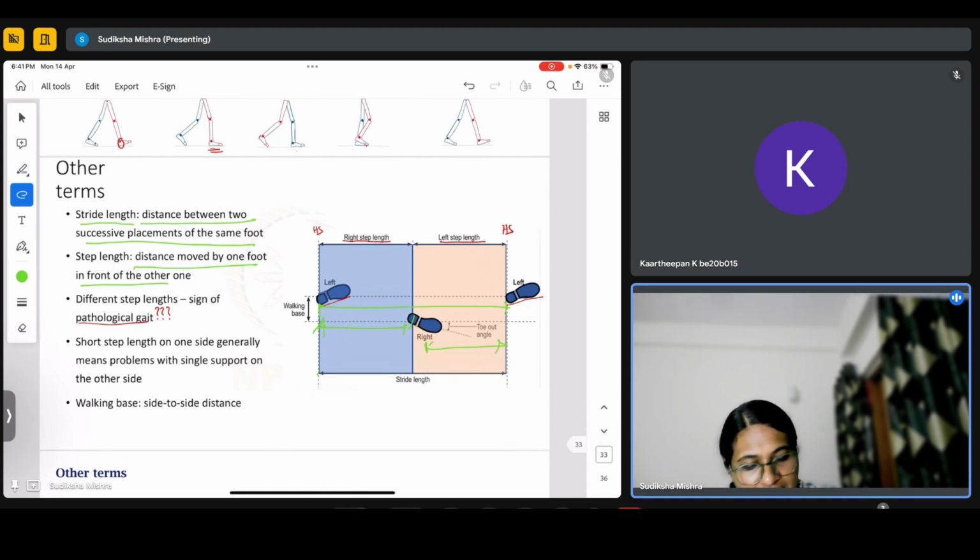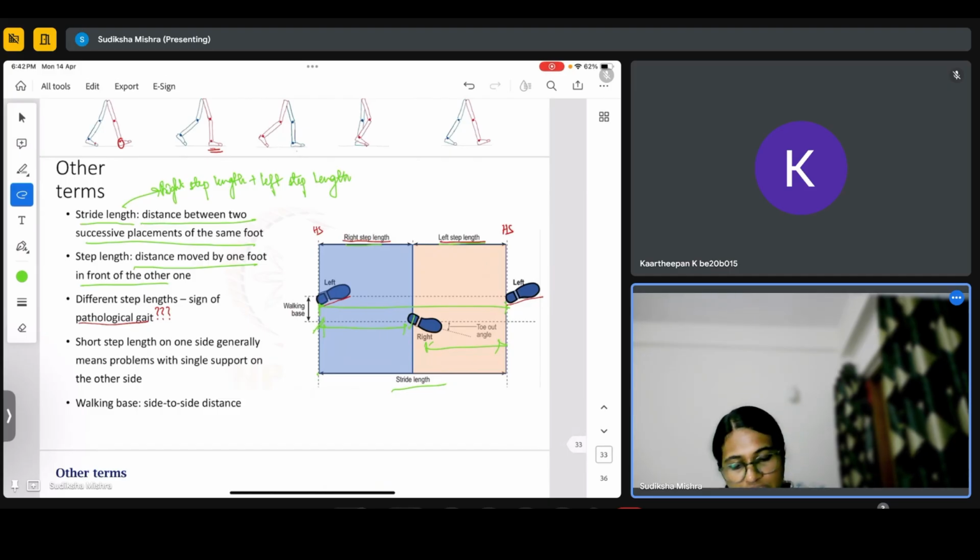But if you sum the right step length and the left step length, you get the stride length. So stride length is right step length plus left step length.